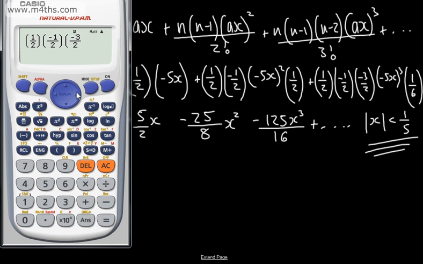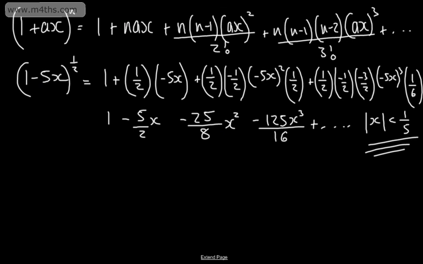Then the next one is going to be negative 125. Negative 125. And then finally, what's this one going to be? Positive 1.6. So let's go ahead and put that in. Hopefully that'll give me what I've got. There we go. So I'm not going nuts.